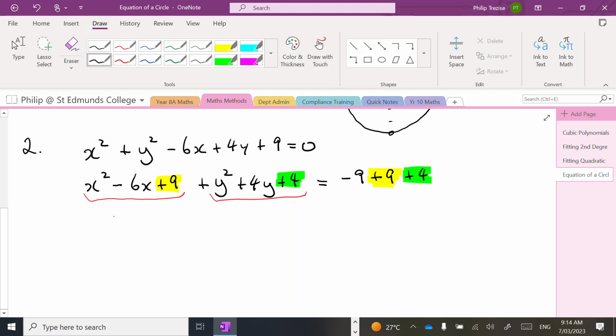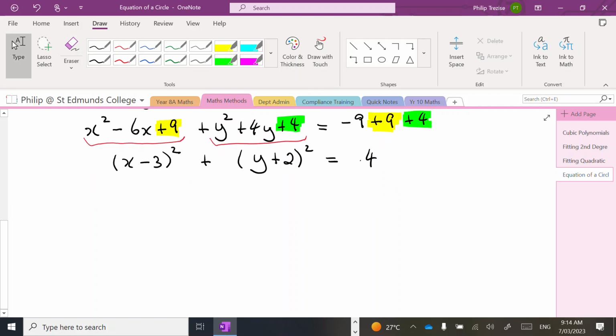Now, completing the square for this one would read (x − 3) squared. Completing the square for this one would be (y + 2) squared, and all of that would equal 4. Now that looks like the equation of a circle.